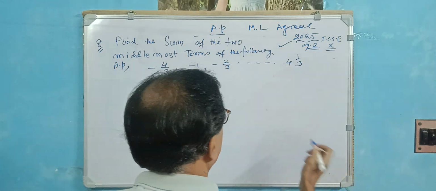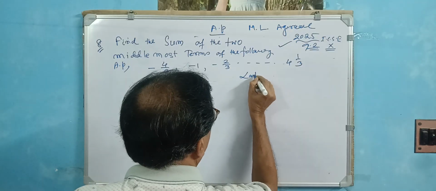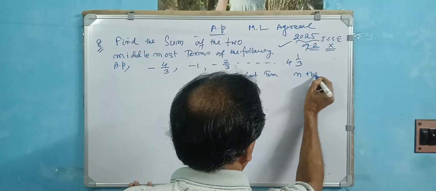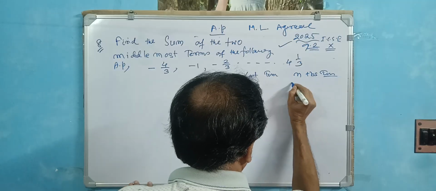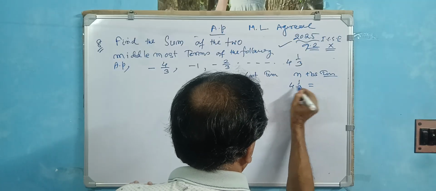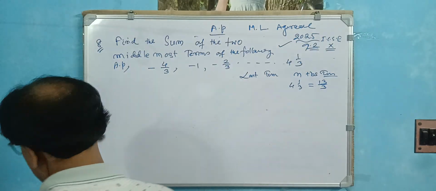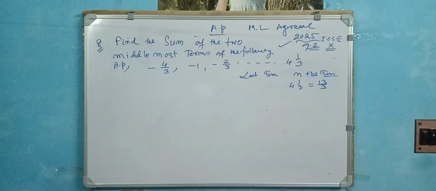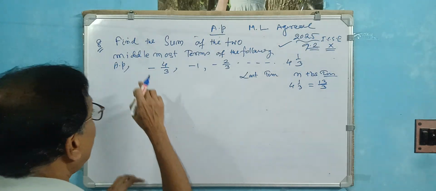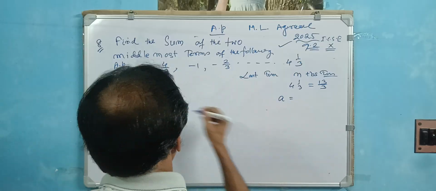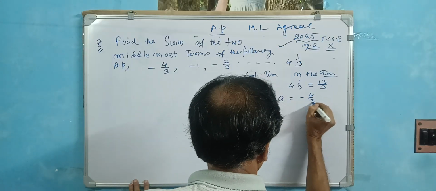Suppose the last term is the nth term. This is 4, 1 by 3, that is 13 by 3. This is the nth term. Okay? And what is the first term? First term is minus 4 by 3.